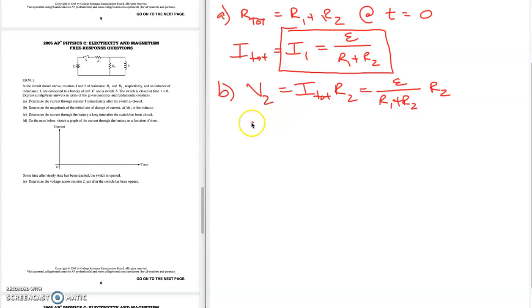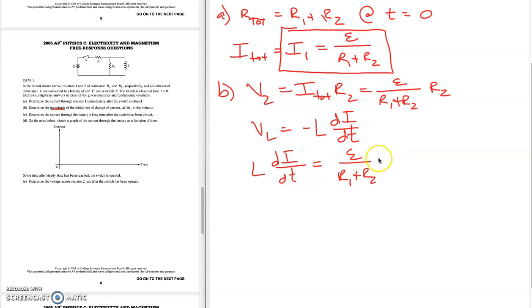So for the inductor, VL, remember, is minus L di dt. And they have a very nice word here called magnitude, which means we can ignore the minus sign for right now. So L di dt is going to be equal to, remember V2 and VL are the same because they are in parallel, the voltage drop here, which is battery over total resistance times R2.